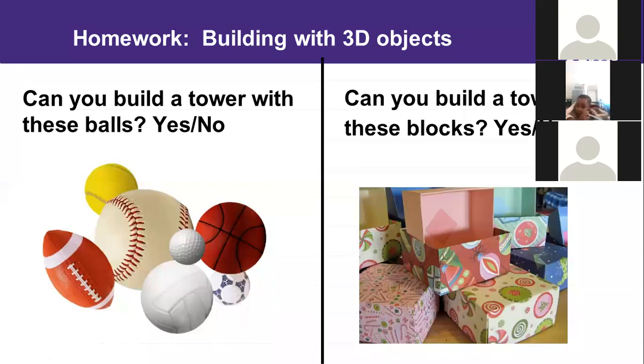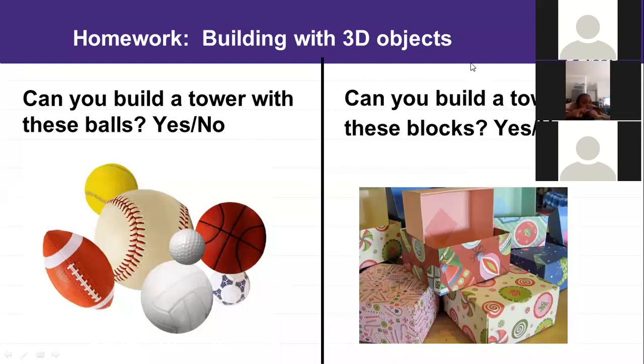Absolutely, well done. So now here's my question. Can you build a tower with these boxes? Remember, if they are blocks, can we build a tower using blocks? Yes.